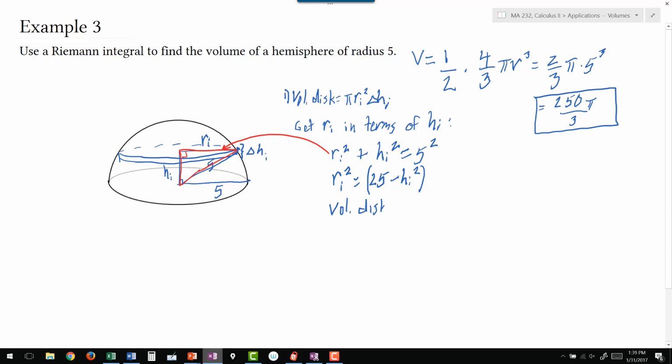And now I can write the volume of the disk is pi times r_i squared, which is the same as 25 minus h_i squared, delta h_i. With that as the volume of one of my familiar pieces, the volume of the hemisphere would roughly be the sum of all of those individual pieces.